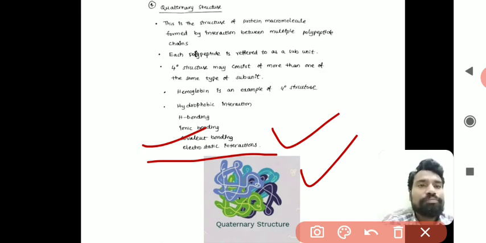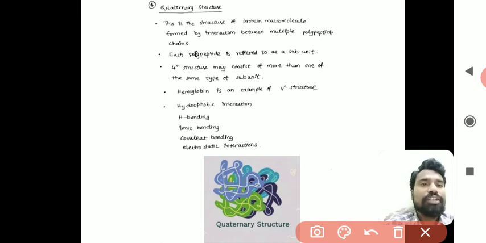So here we have discussed 4 kinds of structures. That is primary structure, the simple sequence, a single line structure of proteins. Next is secondary structure, where 2 polypeptides interact with each other, resulting in an alpha helix or beta pleated sheets.